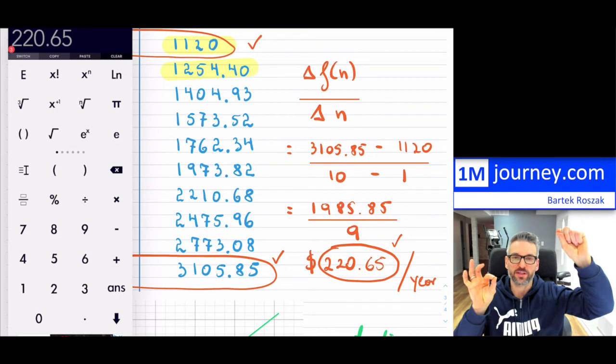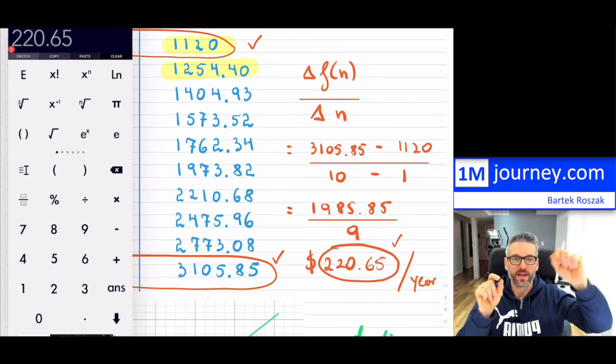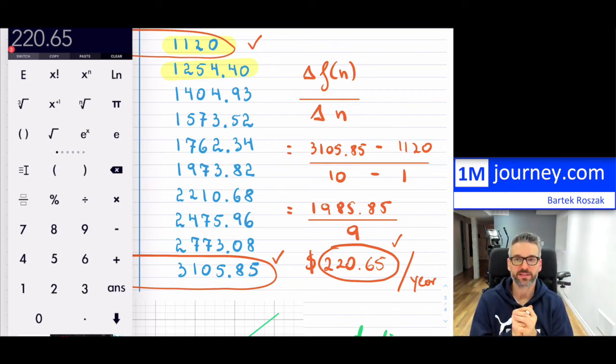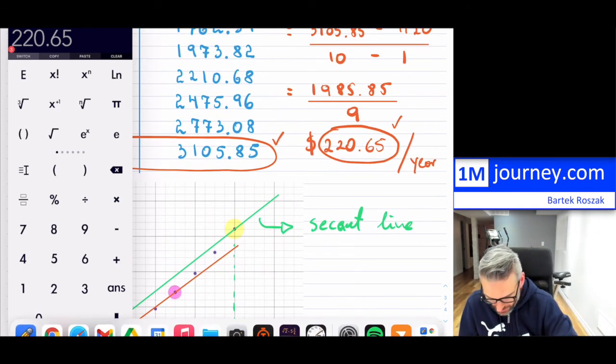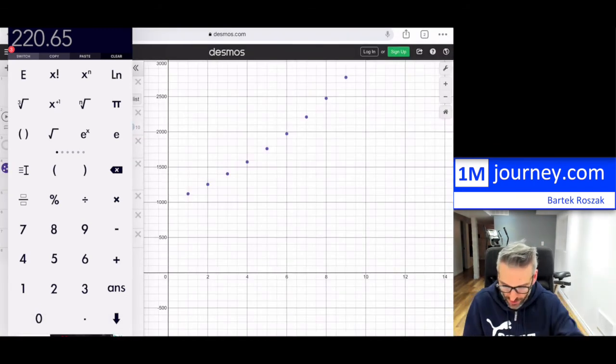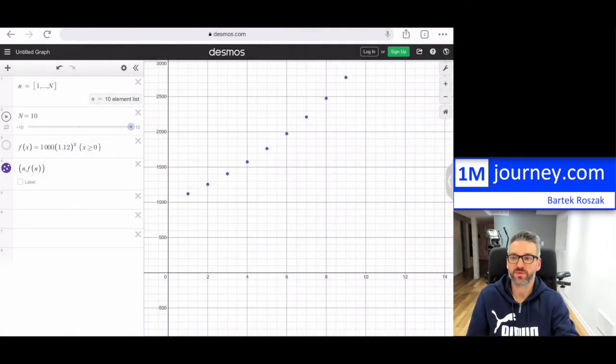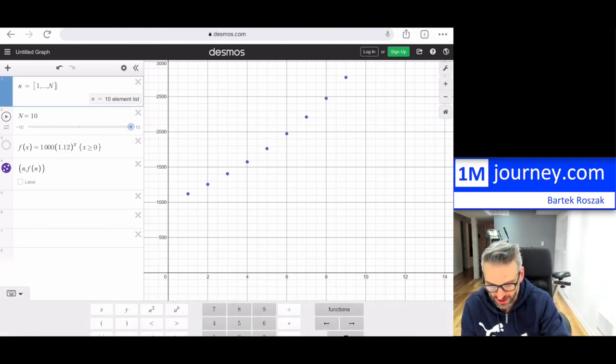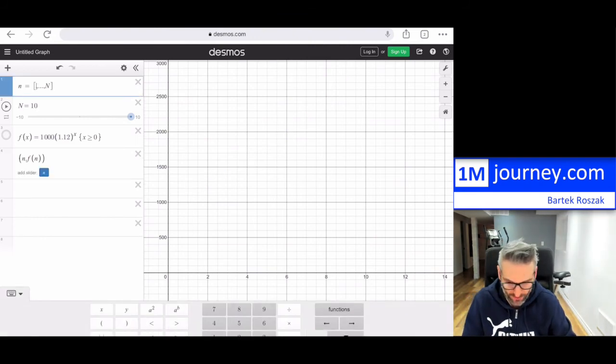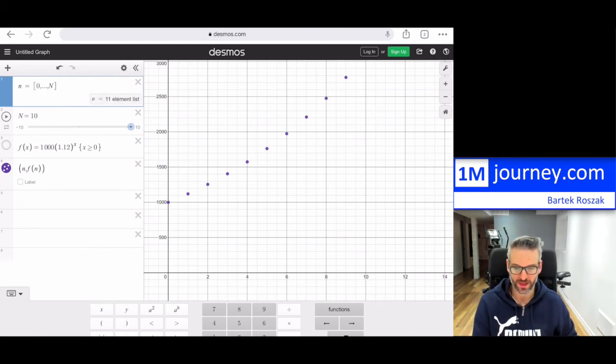But of course, if we switch the points, this amount might be different. Let me just show you, because I plotted it out for us. So here on decimals are the points that I have, and I probably should have gone from 0, just so that we include that 1,000.